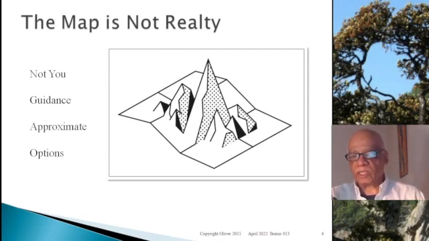You're able to change. Your map is an approximation, the best approximation that you can make of what it is you want in the future. So you need to be aware of it, know when it's resourceful and effective and when it isn't.